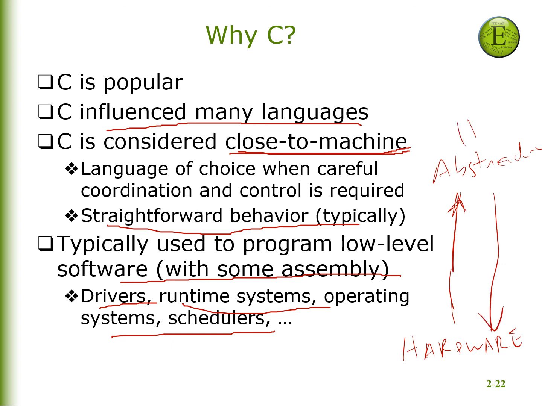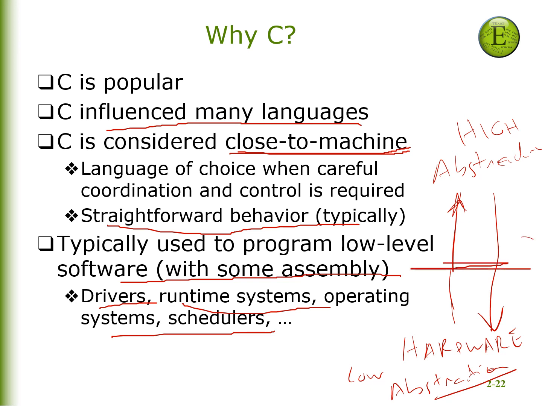High abstraction, hardware friendly. Low abstraction. But in the case of assembly language, the abstraction is too low, and that's where the code becomes difficult to analyze and write. So C sits somewhere over here, I should say.